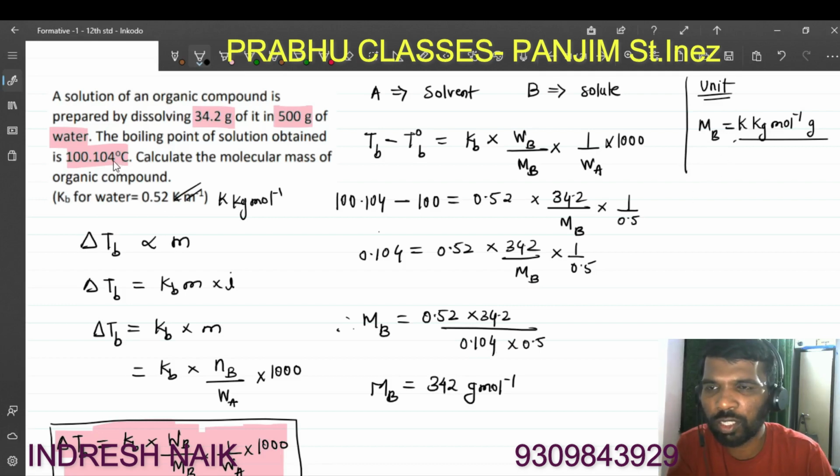Even if you convert this to Kelvin, since this is a difference, you can directly write it in Kelvin. The difference will be the same, and this is 0.5 kg. So Kelvin cancels, and what remains is grams per mole. So that's the unit.